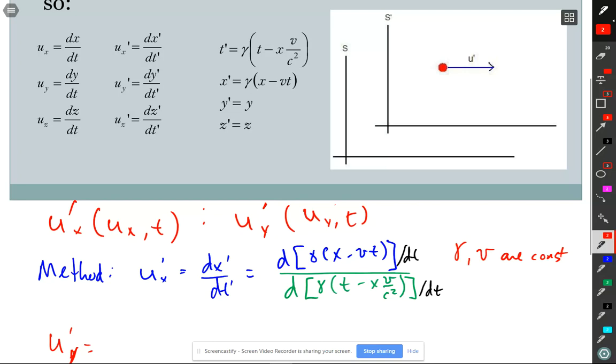It's T prime. So T prime is that top right equation.